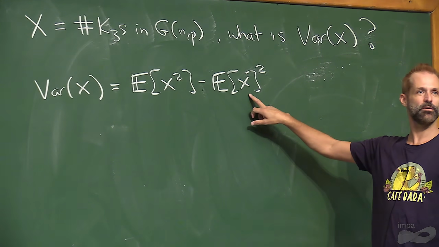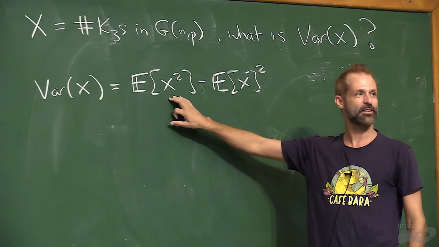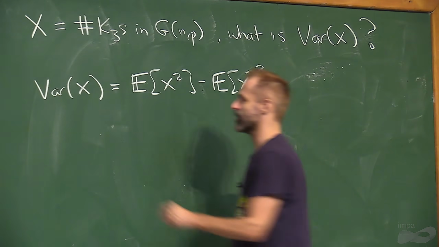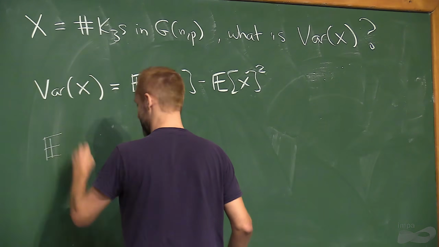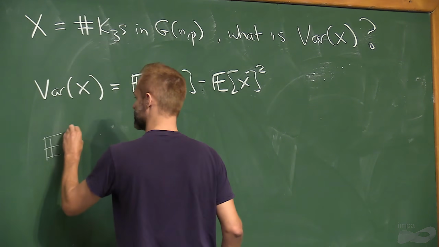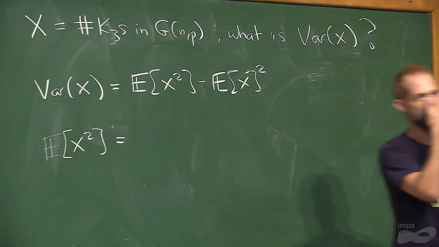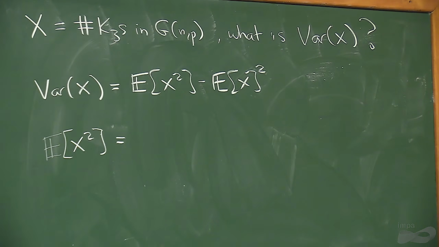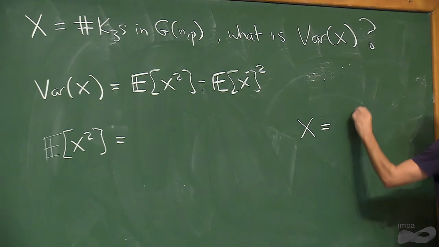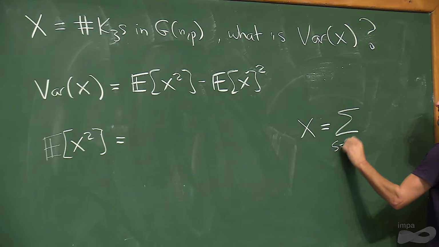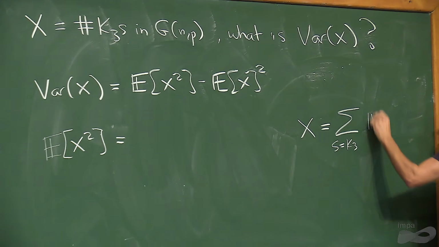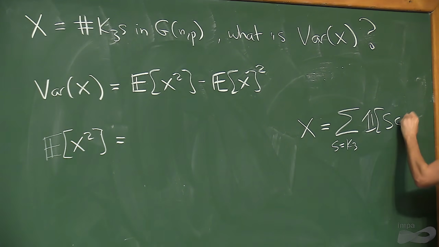So, this we know. We have to calculate this thing. So, how do we calculate the expectation of x squared, where x is the number of triangles in GMP? Well, remember that x is the sum over all triangles of the indicator function that s is in GMP.